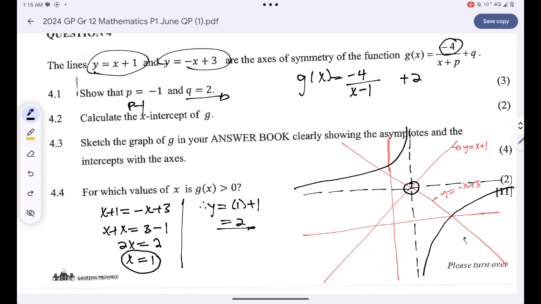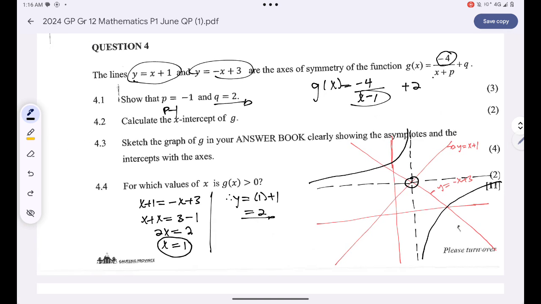Remember, guys, we are given x plus p. But I know that the vertical asymptote is on the right-hand side of my y-axis. No, let me just leave it like this, guys. Let me not complicate things. x minus 1. Let's just leave it like this. So p is negative 1 and q is equal to 2.